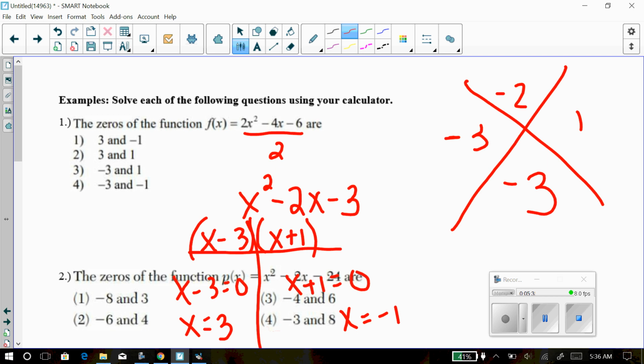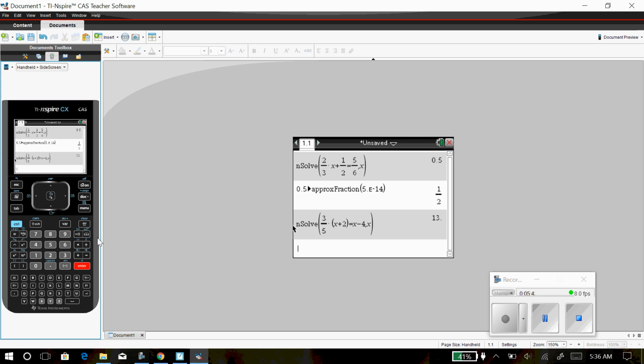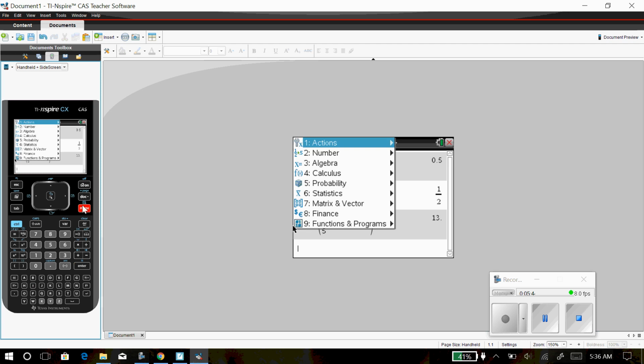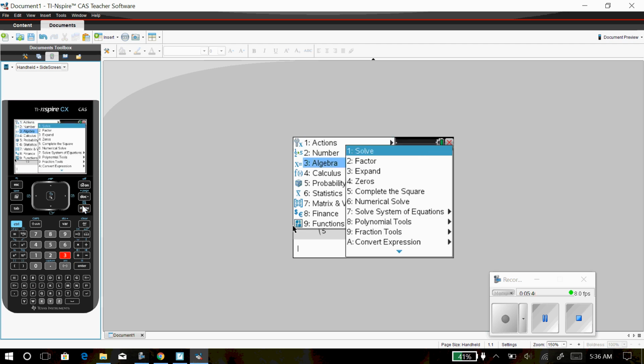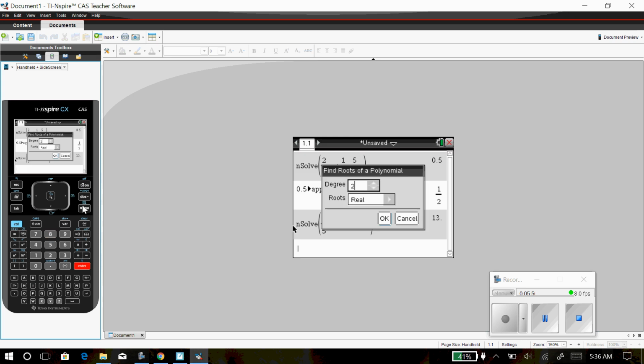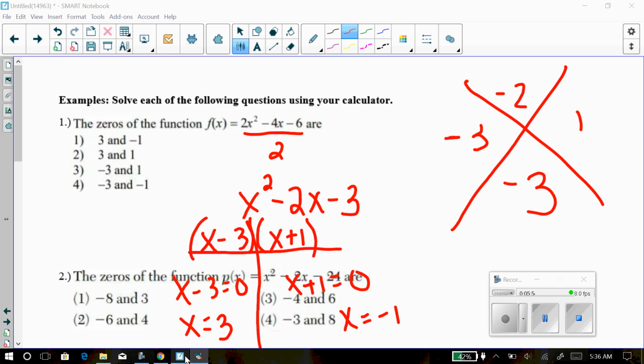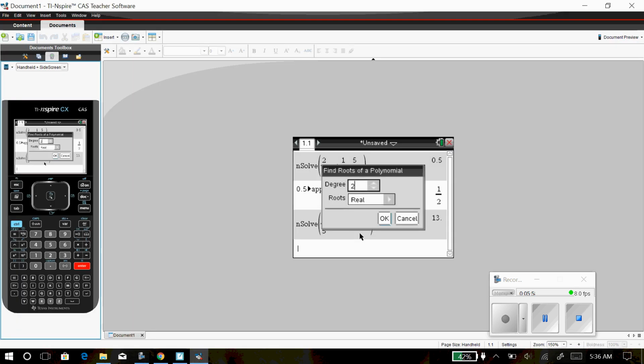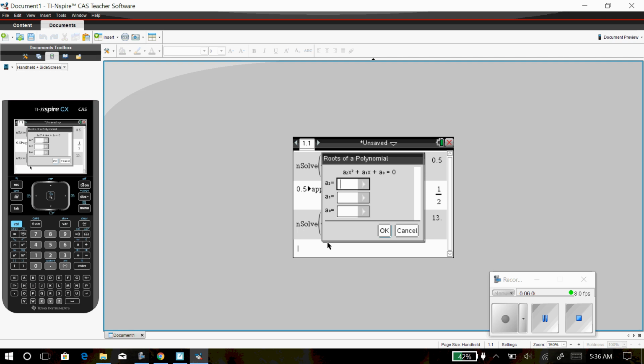Okay, how do I do this using my calculator though? So say you get to this, you don't know how to factor this. You have to go to Menu, Algebra, Polynomial Tools. You want to find the roots of the polynomial. So again, mine is a degree of 2 because I have an x squared. And always choose real. Now this is where my numbers go.